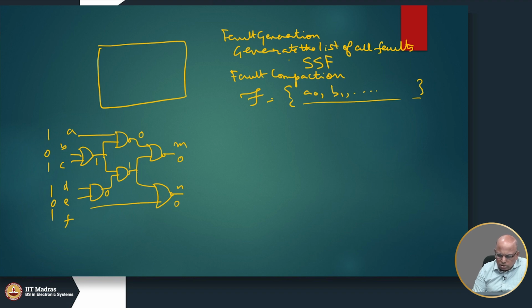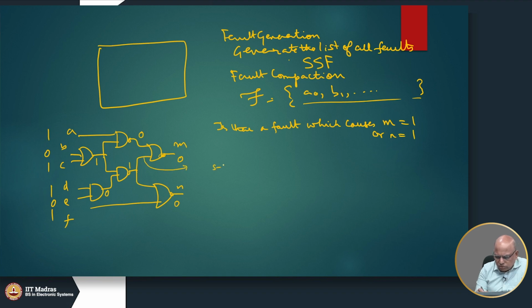Now, we have to see whether there is some fault which will cause m to become 1 or n to become 1. This is a NOR gate. Currently, this has got a 1 here. So, the way this could become a 1 is if this is stuck at 0.